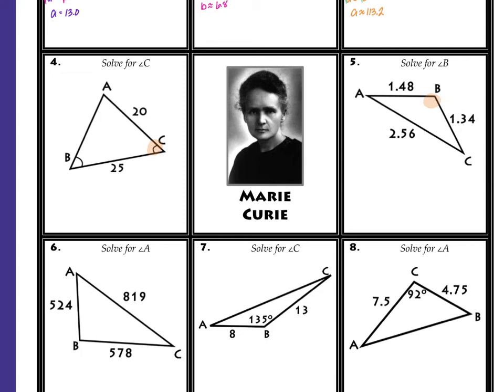Anybody? Nobody remembers? It means it's an isosceles triangle. And what's an isosceles triangle? An isosceles triangle means that 2 of the sides are the same.